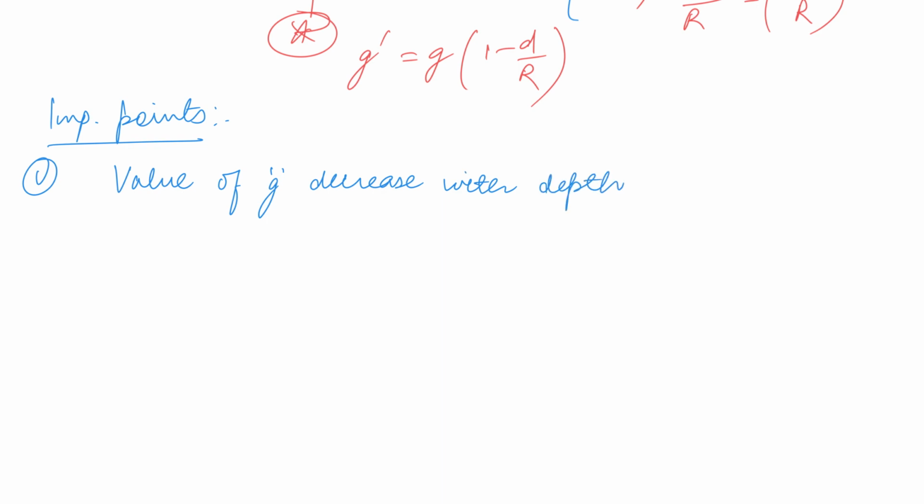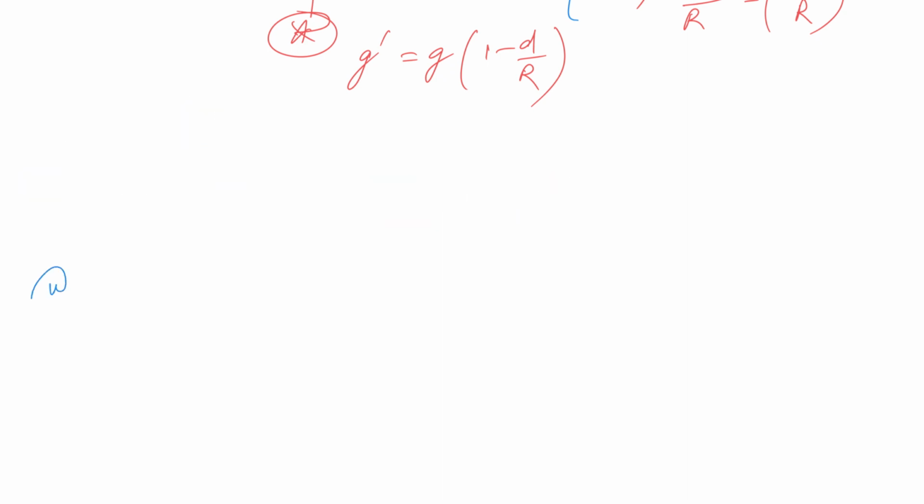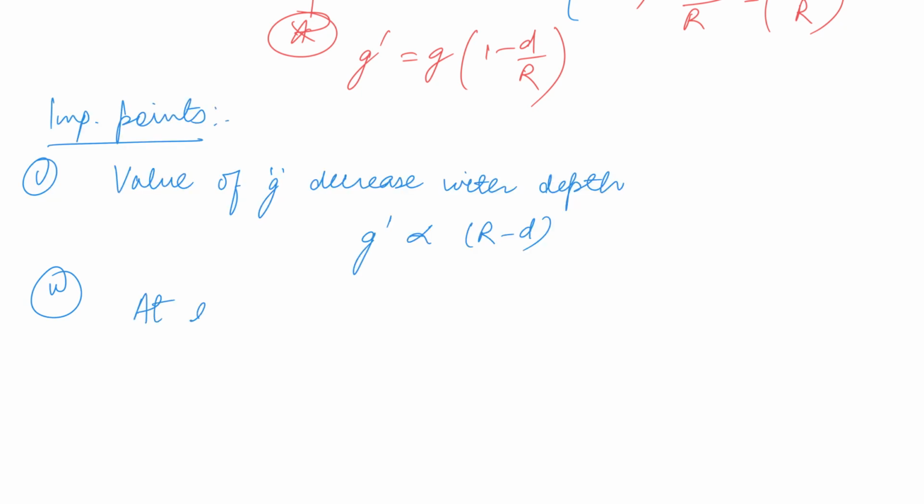That means going below the surface, the value of g decreases. And how does it decrease? So g dash will decrease as r minus d. Second, let's talk about at the center of the earth.